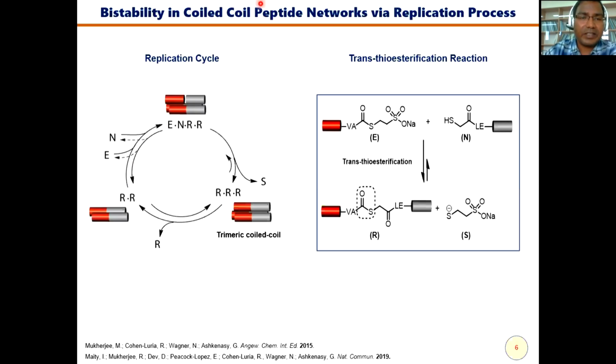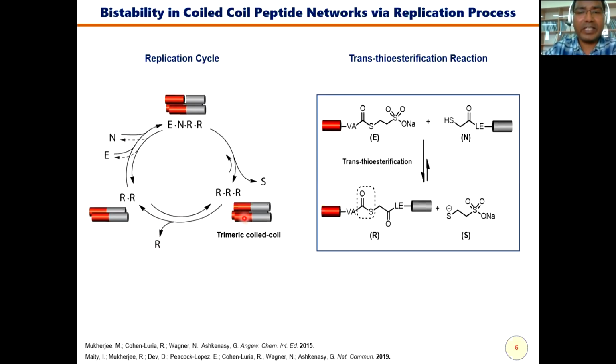In this regard, we have designed a thiodepsipeptide-based non-enzymatic bistable system via a replication process, where in each replication cycle the template molecule or dimer brings together the electrophile and nucleophile, which assemble, ligate, and form another copy of the replicator.